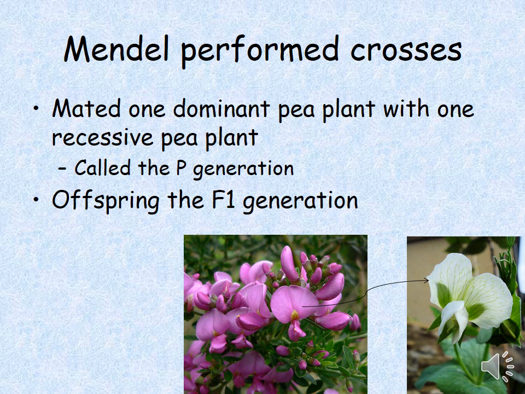So he performed crossbreedings. When we talk about the breed of a particular plant or animal, these are man-made. You can think about the breeds of dogs and how there are particular traits that go along with a particular breed.